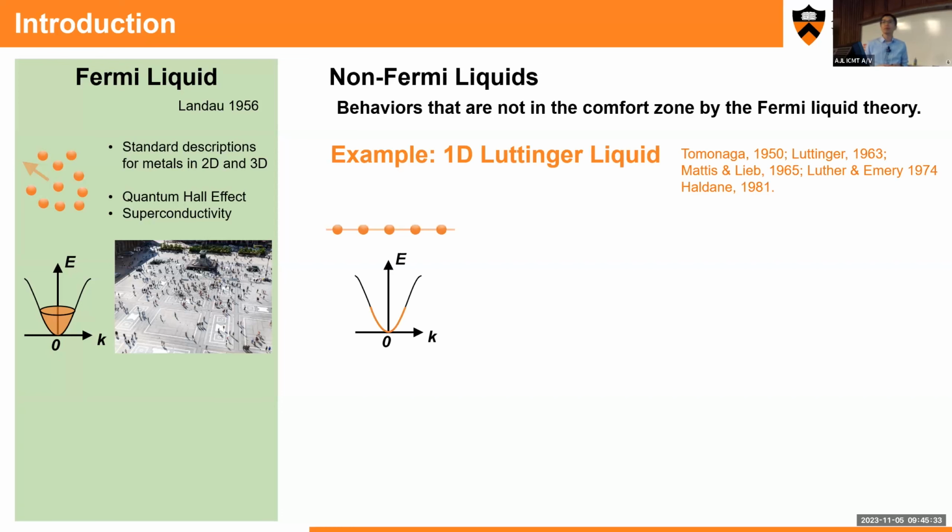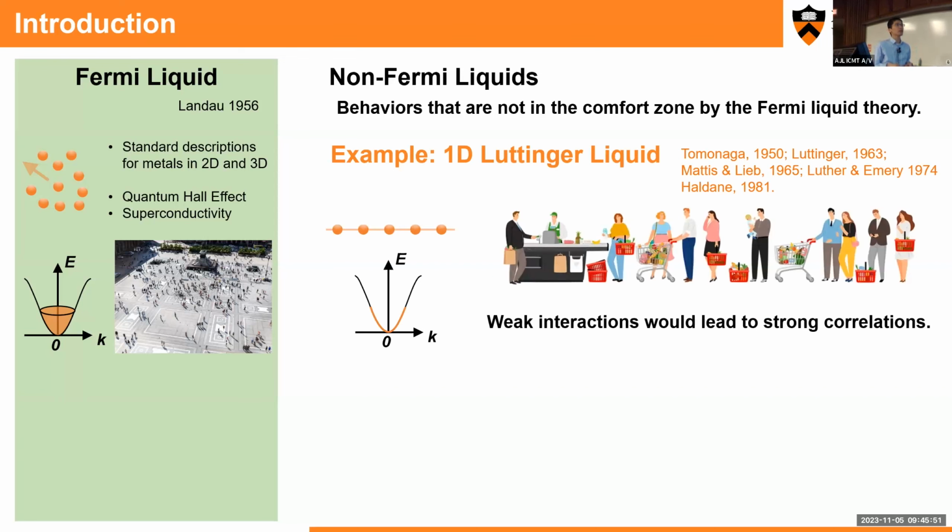A very good example is the 1D Luttinger liquid. If you have a 1-dimensional system, the electron can only move forward and backward, and then the electron will be strongly confined. The situation is analogous to when we were waiting in a line, and if you want to cut in line, people will kick you out because they don't want you to cut.